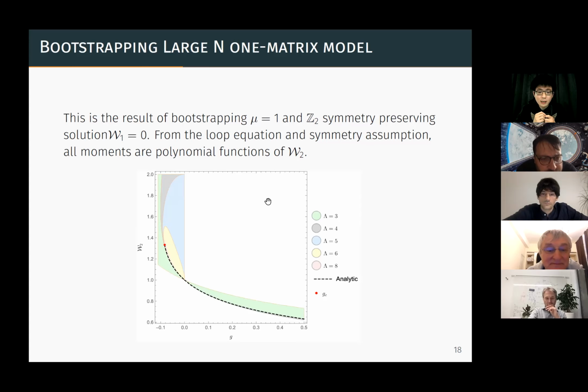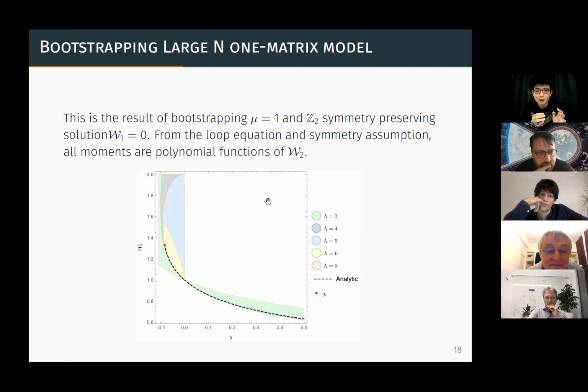For G larger than 0, it converges super fast. For lambda equals 4, it is already indistinguishable from the analytical solution. But for G smaller than 0, that is the unstable potential region, the convergence of the upper bound is slower, but you see the convergence of the lower bound is still very quick to the analytical solution.